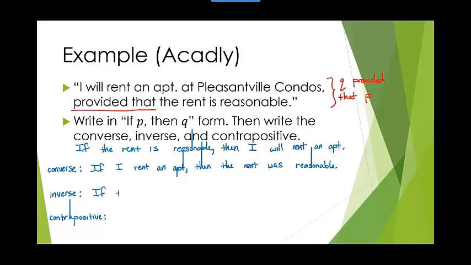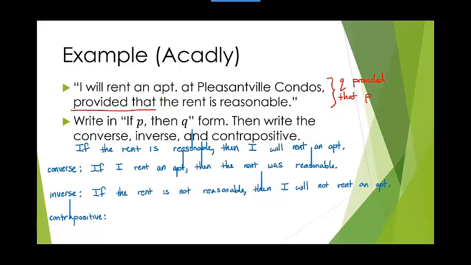So it'll be if the rent is not reasonable, then I will not rent an apartment. Just negate both parts.